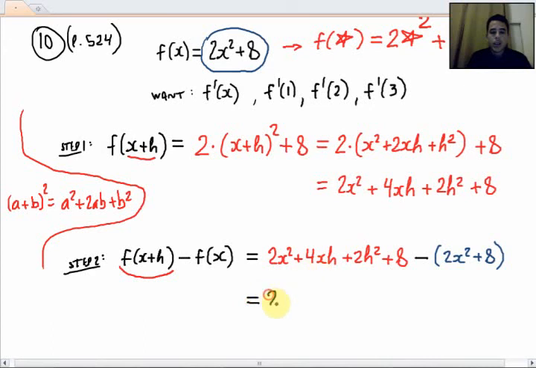Let's see what happens: 2x squared plus 4xh plus 2h squared plus 8, and then minus 2x squared minus 8.